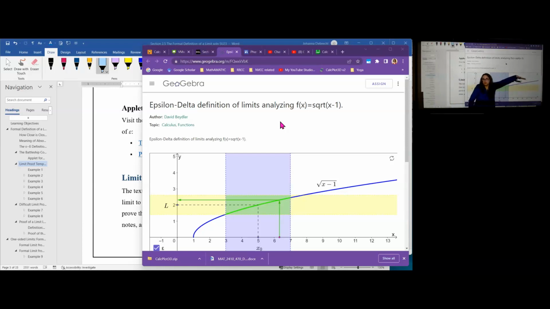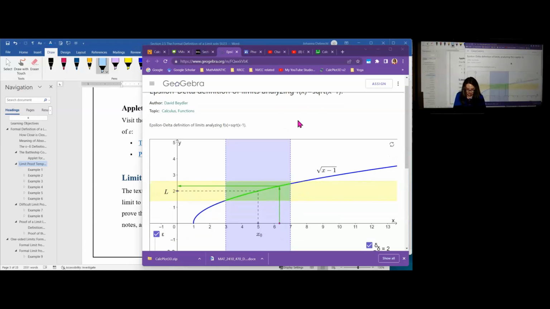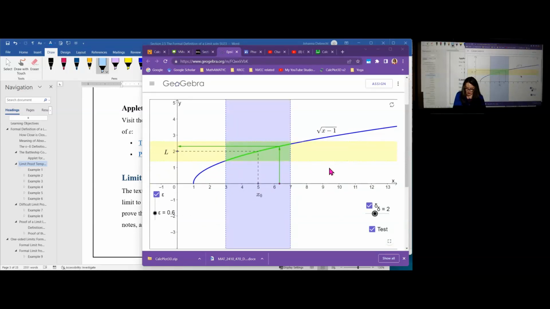So it's a square root function looking like this, and it's been shifted 1 to the right. We can see the function down here. Inside the applet, you want to make sure that you have epsilon checked, and you want to make sure that you have delta checked. What we're going to do, we can change the value of A, which is the dot down here in red. Let's change our value of A.